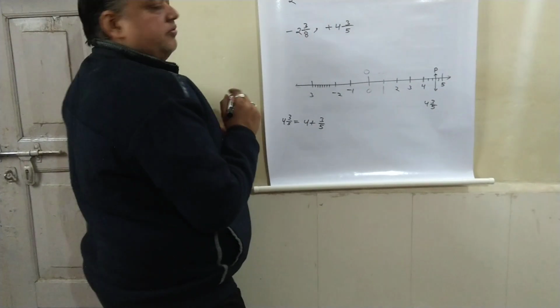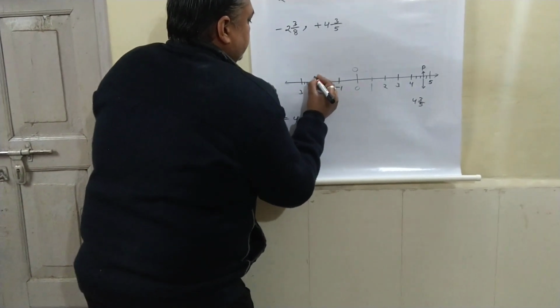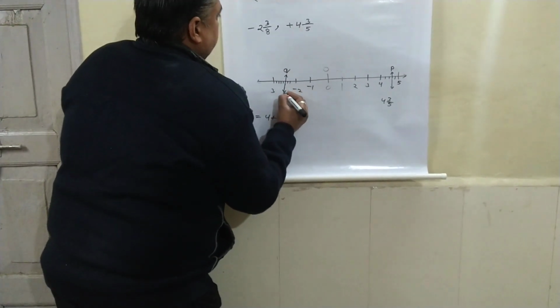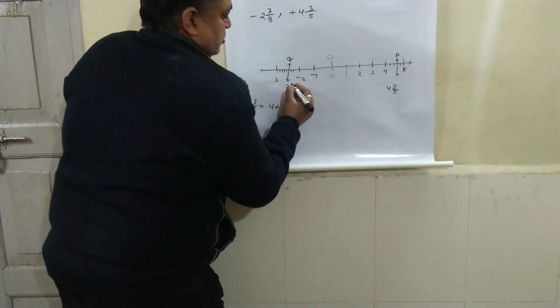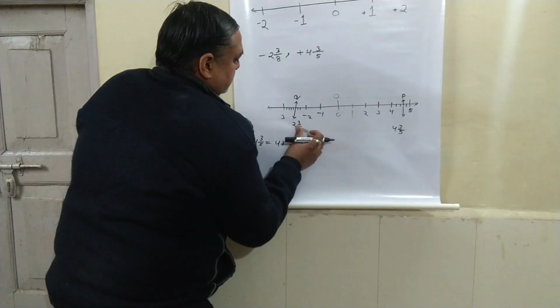And third part of this division, suppose this is point Q, and this Q will represent the number minus 2 3 upon 8.